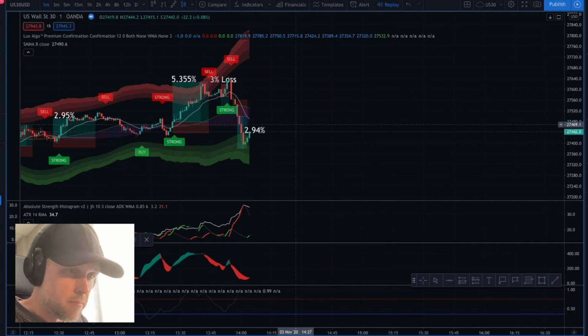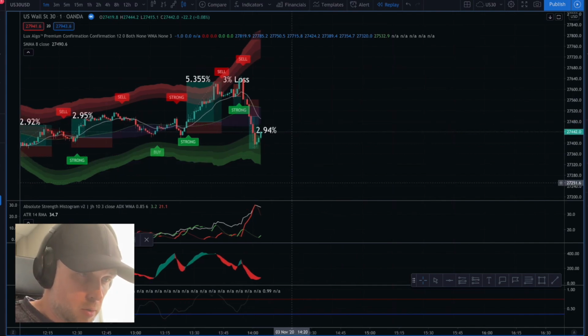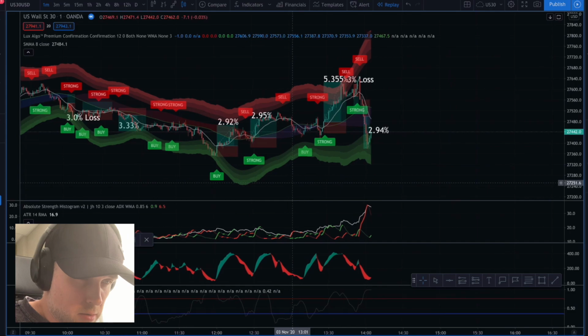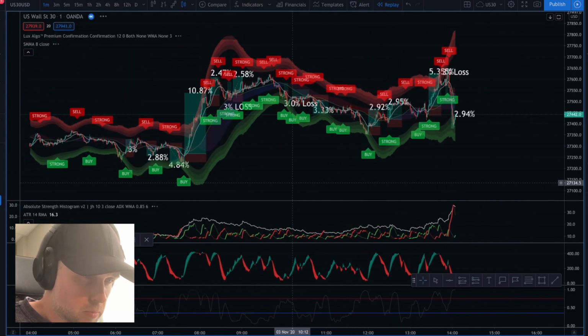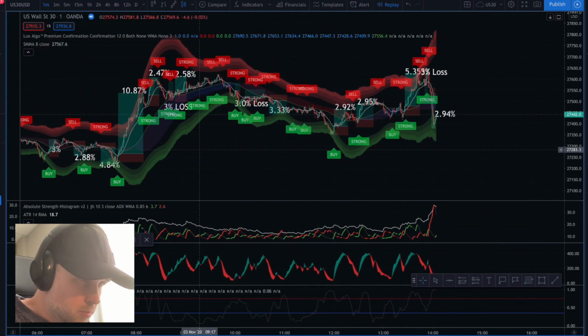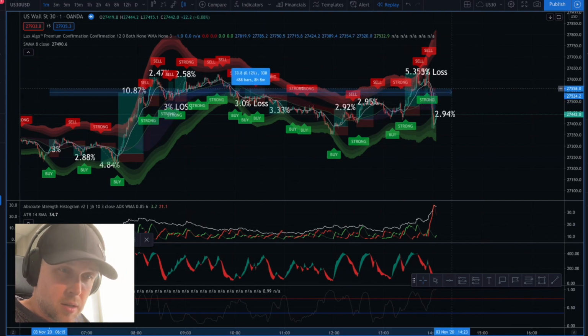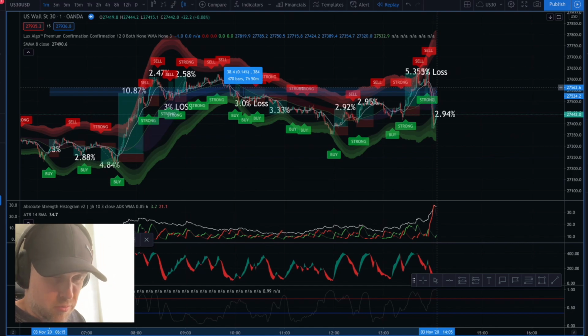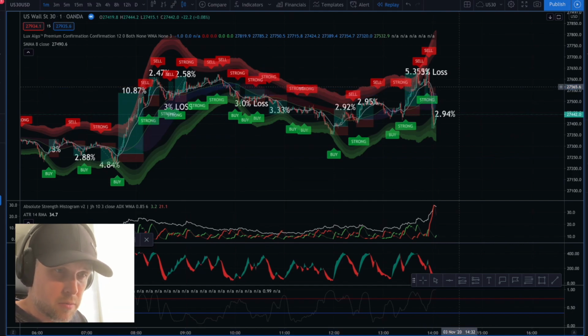All right, I'm going to do some math real quick here. Let's zoom out and get all the trades together and do some math. That is a period of time that spans from 6:15 to 4:05, so just about 8 hours of trading there.